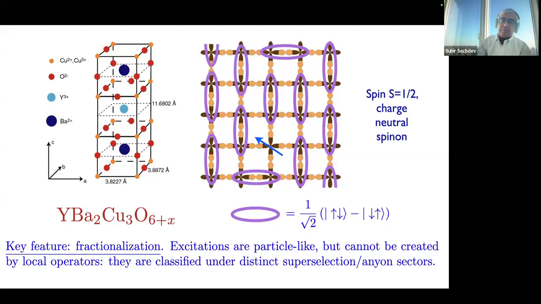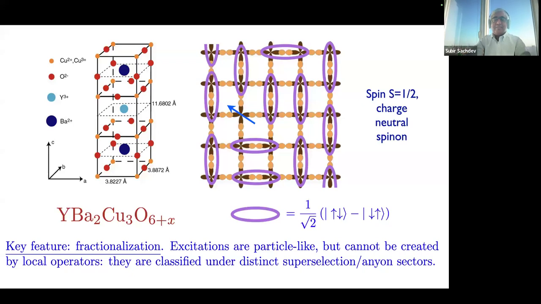A local operator will always create pairs of spinons, and so that's, you could say, a defining property of an anyon, that it cannot be created by any local operator. And that's really the fundamentally new thing that this RVB type state introduced into physics.